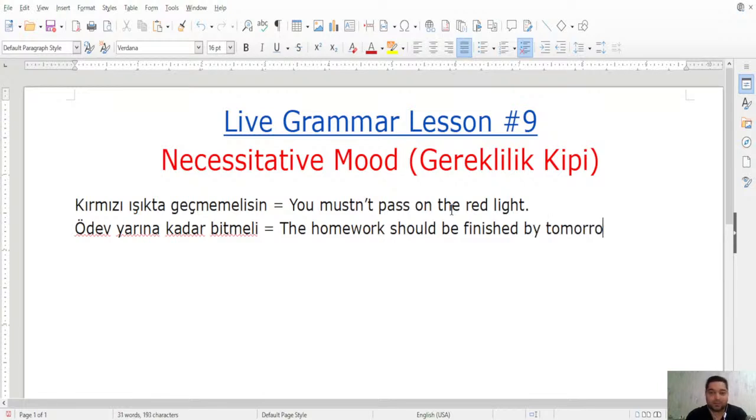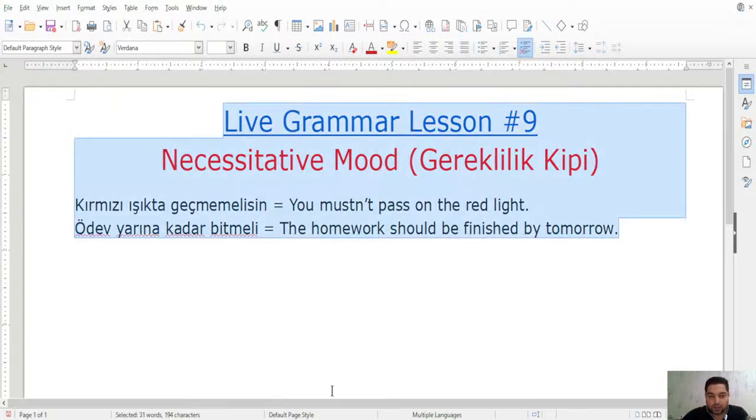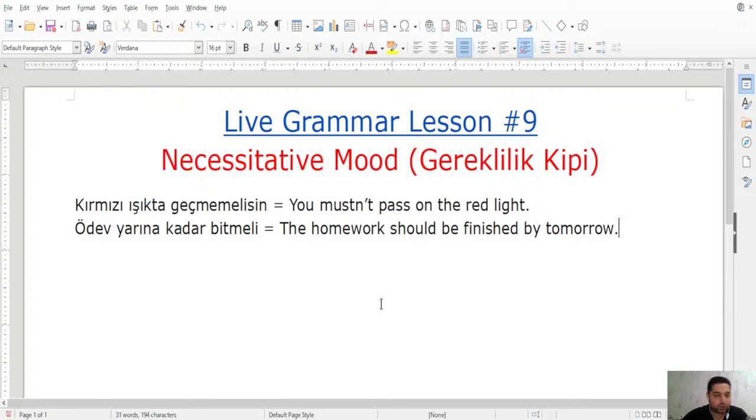Yarına kadar, until tomorrow or by tomorrow. Kadar means by or until. The homework should be finished by tomorrow. Ödev yarına kadar bitmeli. Okay, this is an example where you have both meanings. You may say it's a must, or you may say it's a should, some kind of advice, depending on the context, of course.